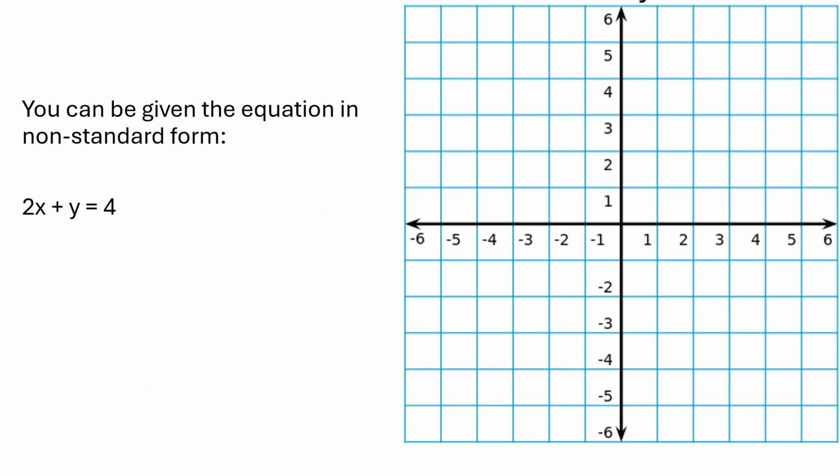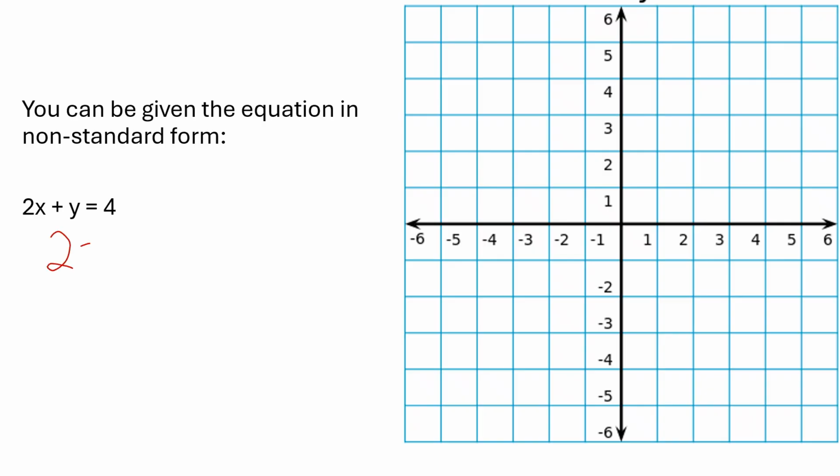Now, this will work even if you're given the equation in a non-standard form. It just means that we're going to actually have to work out the y-intercept instead of just looking at the equation. But we will do the same thing. We'll start off, let's find x.